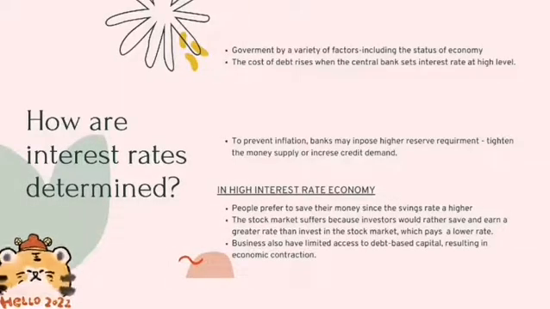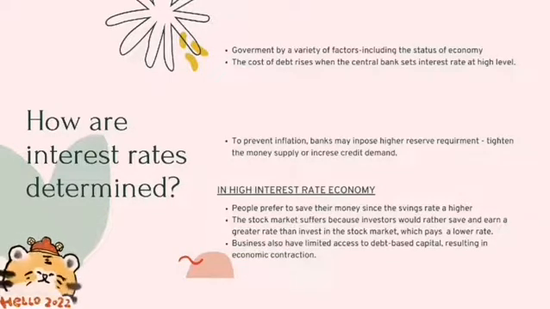How are interest rates determined? They are determined by a variety of factors, including the status of the economy. The central bank of a country, in Indonesia like the Bank Negara, sets interest rates, and banks use them to establish the annual percentage rate they provide.